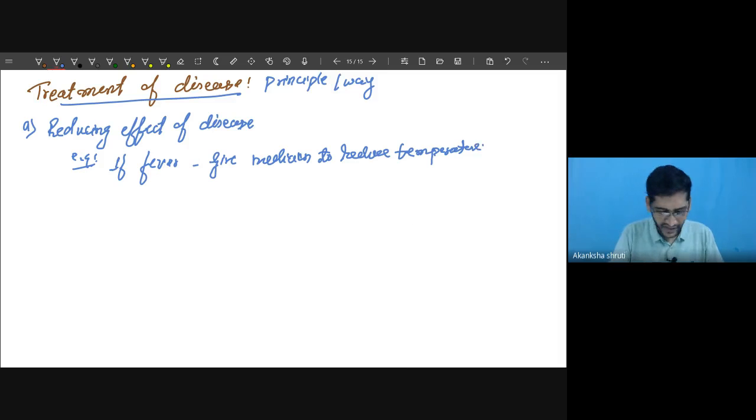But just reducing the temperature is not sufficient, because as long as the pathogen of malaria is inside the body of the patient, the temperature will rise again. So for that you need to kill the germs. That is the second thing. The second one, or B, is to kill the microbe or pathogen.